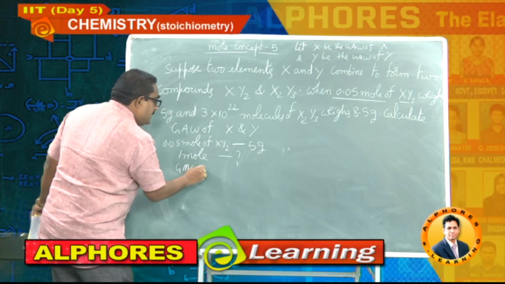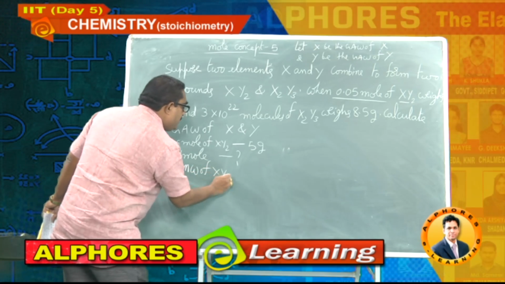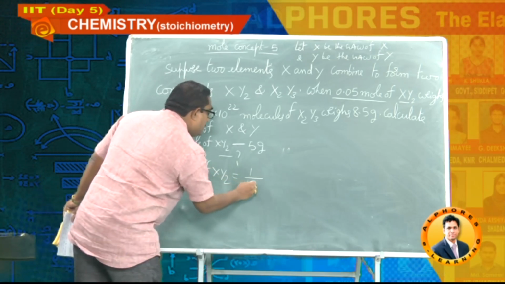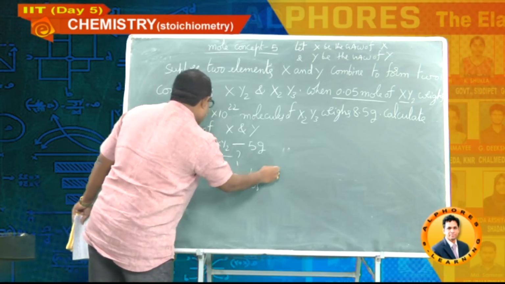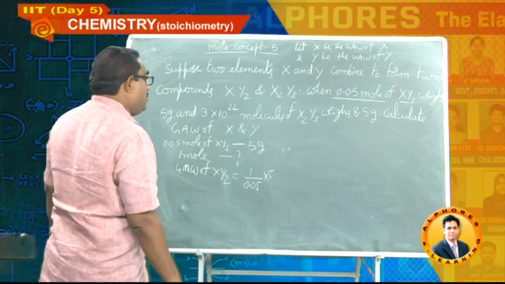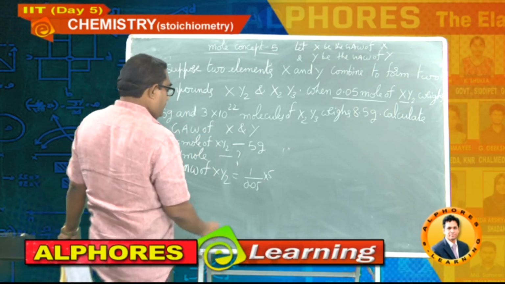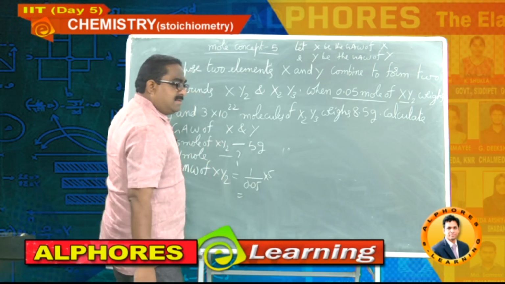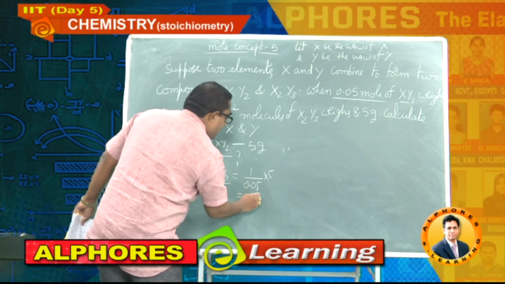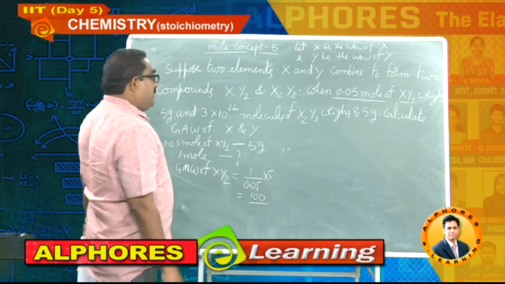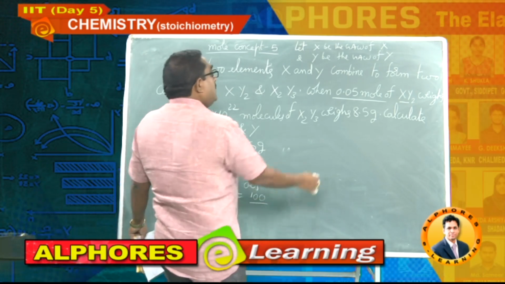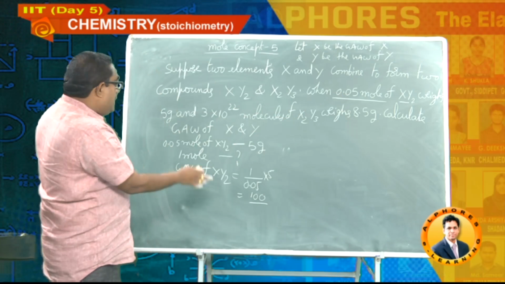I am writing GMW of XY2 is equal to 1 by 0.05 into 5. So, how much will you get? If you multiply, it becomes 100.